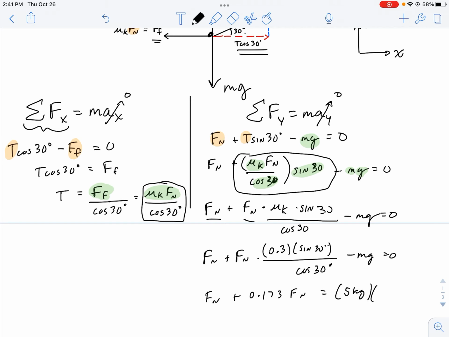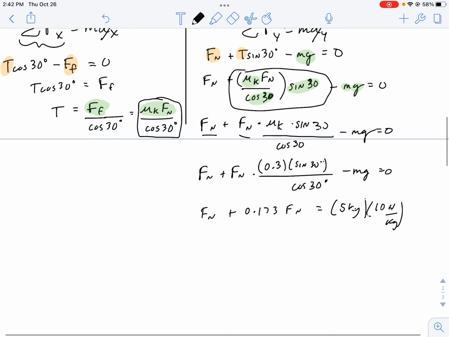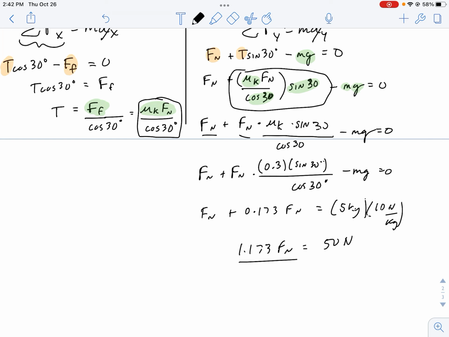The mass was 5 kilograms. I'll use 10 newtons per kilogram. So 1.173 Fn equals 50 newtons. Divide each side by 1.173, and you get Fn equals 42.62 newtons.